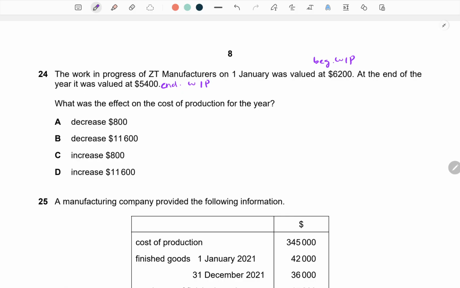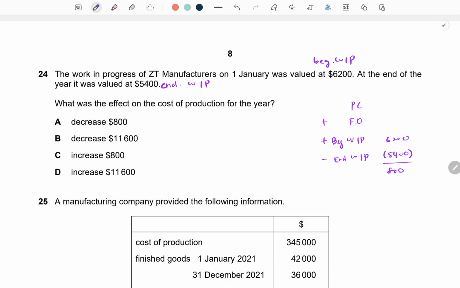To find the cost of production, in a manufacturing account you start with prime cost, plus factory overhead, plus beginning work in progress, minus ending work in progress. So beginning work in progress is 6,200, and then you minus 5,400, so the difference is 800.